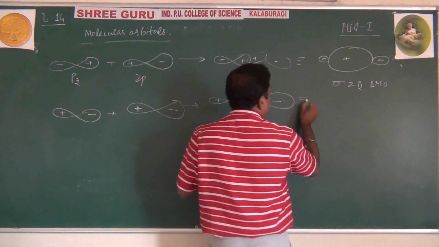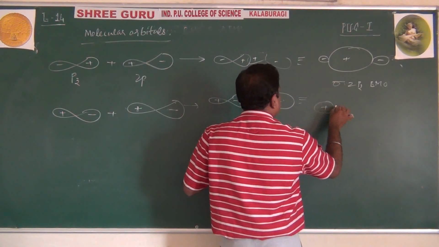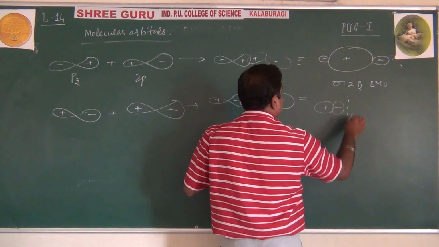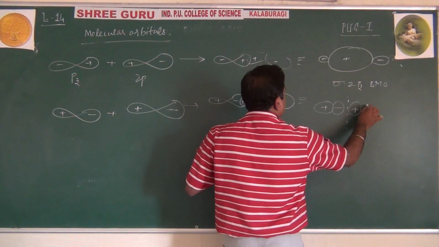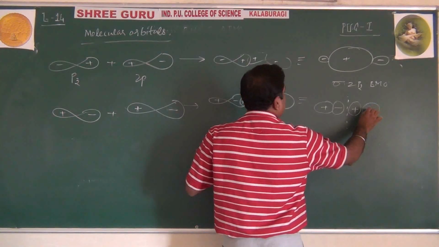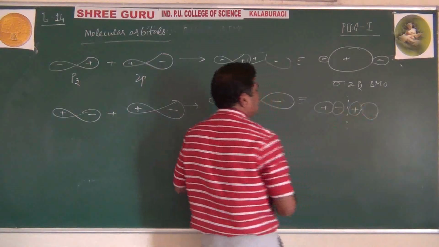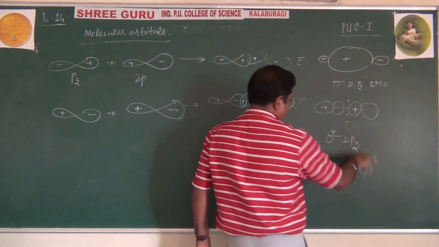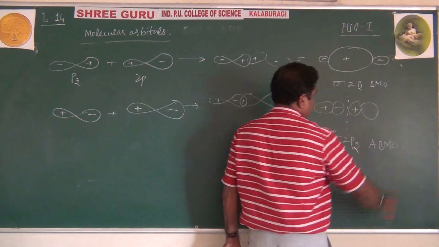This will give rise to a new shape. Now very interestingly, okay, plus, that is minus, plus, and then this is like this. They will split. This is the antibonding molecular orbital.